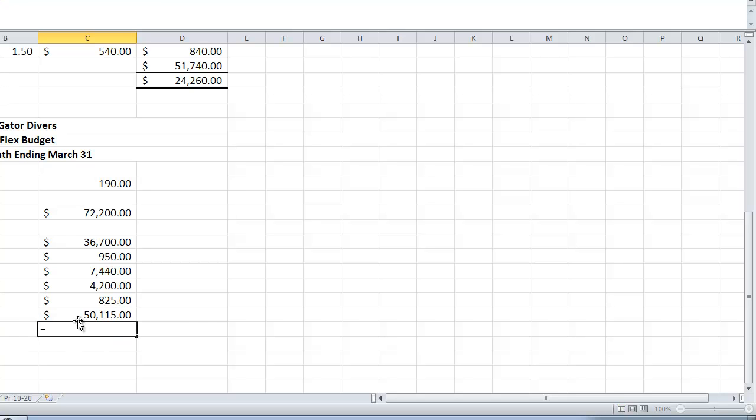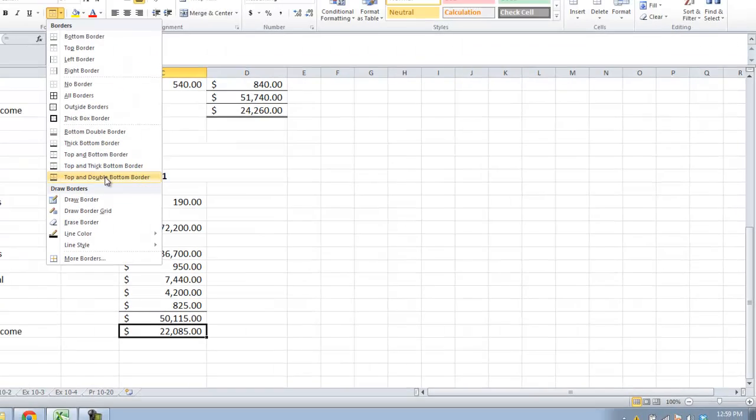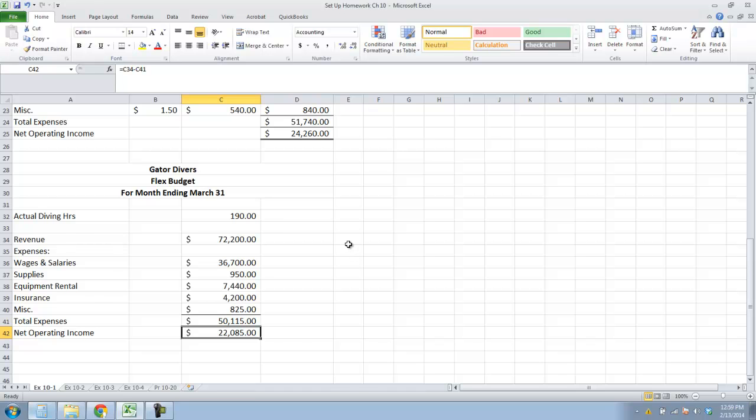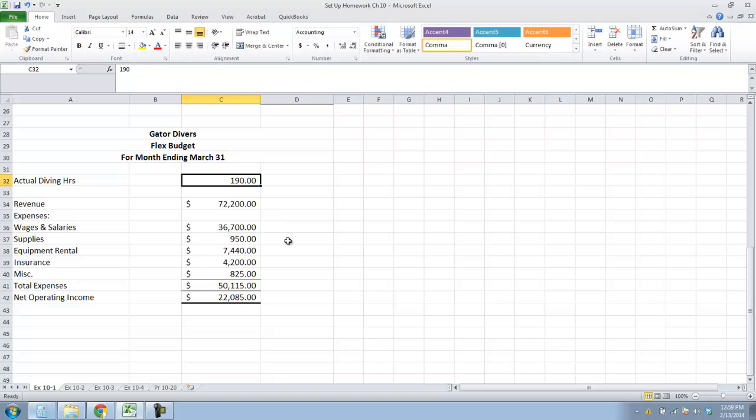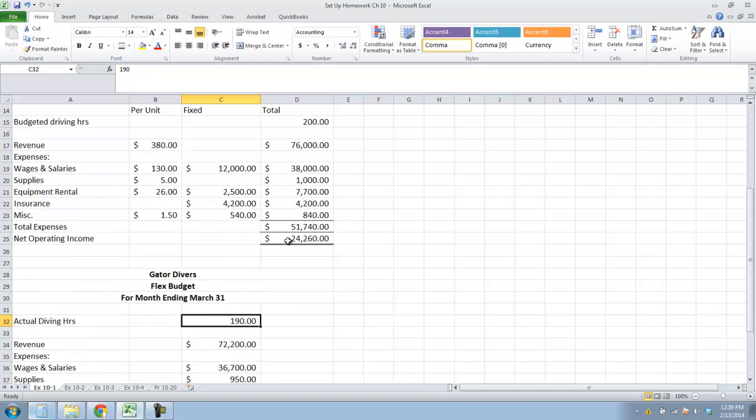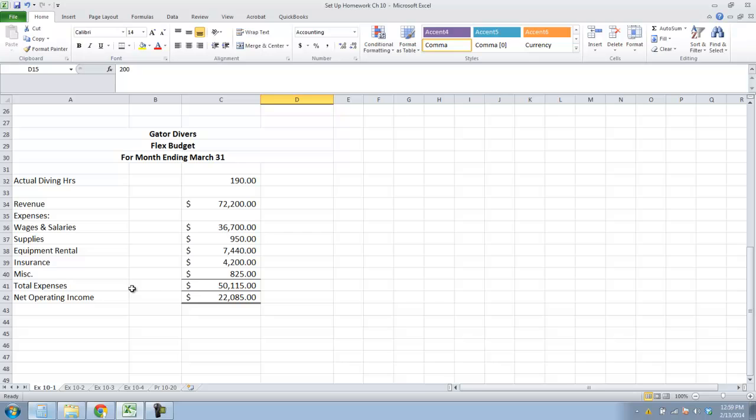And so my net operating income now for my flex budget is $22,085. So this flex budget represents the fact that there were actually 10 fewer diving hours than budgeted, which was 200. And this is a flex budget.